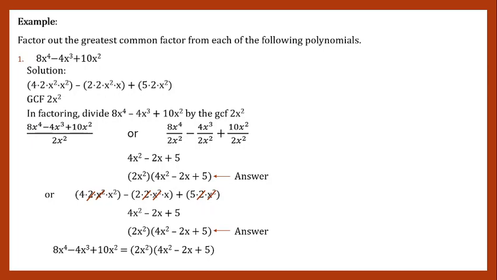Kung ano yung final answer ninyo, pag minultiply nyo ulit siya, dapat babalik siya dun sa pinaka-given. One way to check kung tama ang pag-factor out ninyo, multiply nyo ulit. Pag bumalik siya sa dating given, okay, tama yun. Pero kapag mali, tingnan nyo na lang kung anong mali dun sa mga solutions.